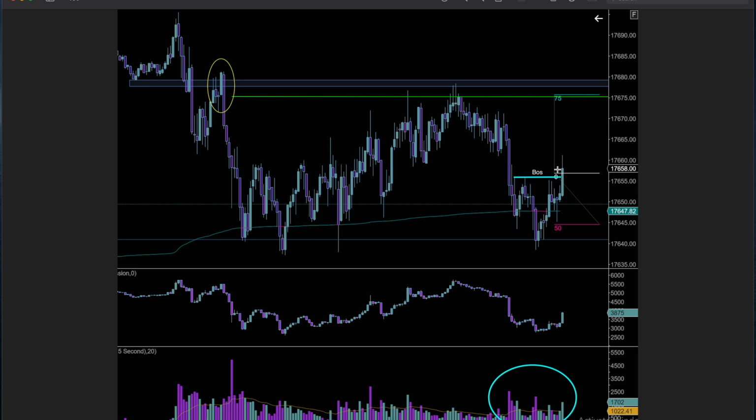Now, 1.5 R is sort of my minimum threshold generally for whether I'll consider taking a trade. I want at least that much room for it to go. And this one certainly did before we got back up to this resistance area.